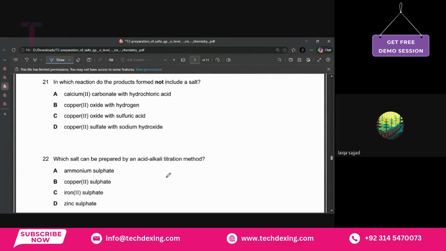Calcium carbonate with hydrochloric acid, copper oxide with hydrogen, copper oxide with sulfuric acid, or copper sulfate with sodium hydroxide. Which of these won't produce a salt?